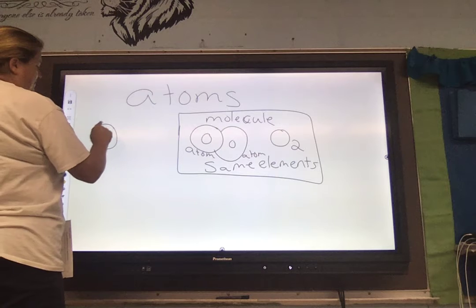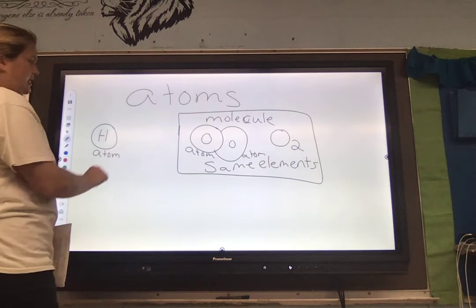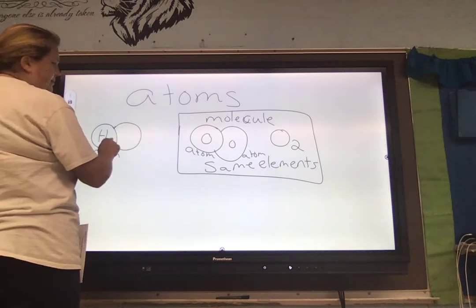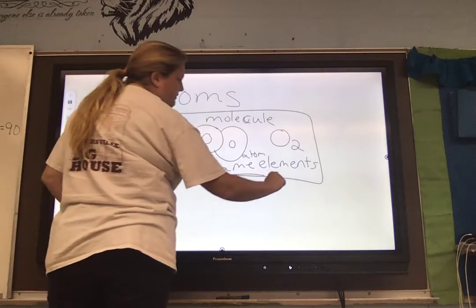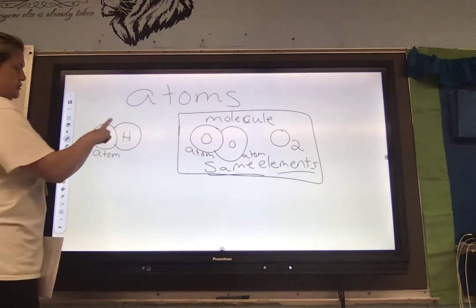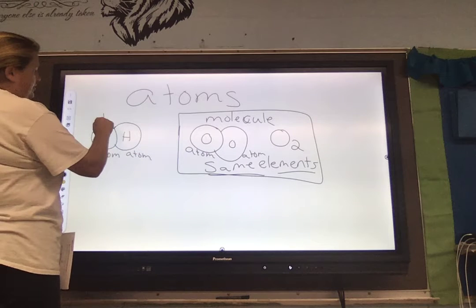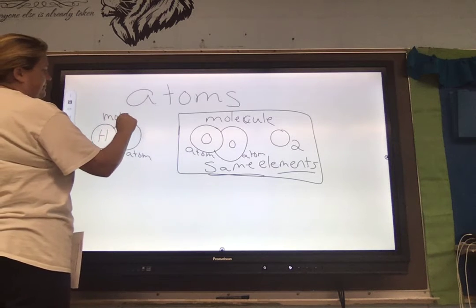You have another box for hydrogen. 1 atom of hydrogen would look like this. If I wanted to make a molecule of hydrogen, remember molecule means I have to use the same elements. So a molecule of hydrogen would need at least 2 hydrogen atoms. So this is 1 molecule of hydrogen.